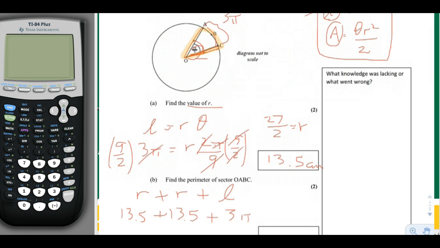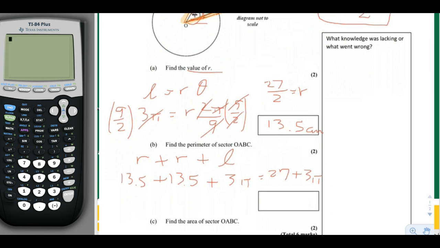So we could put 27 plus 3 pi, or we could multiply it out. Remember, our calculator even has a pi button. We could do second pi and then multiply it times 3, and that'll give us 9.42. And then we can add 27, and that gives us 36.4.